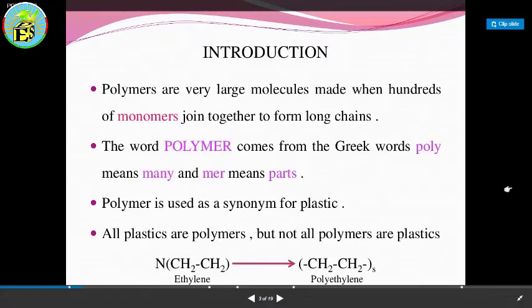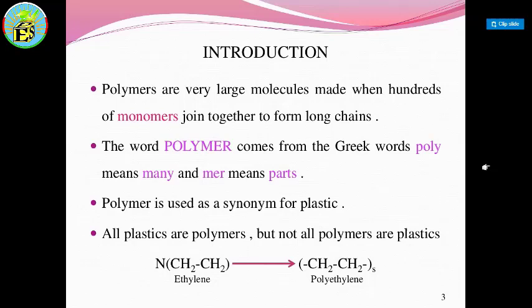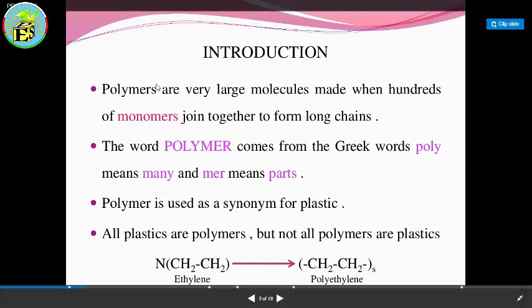First of all is the introduction of polymers. If you can see the definition, polymers are large molecules made when hundreds of monomers join together to form long chains. In simple words, when monomers join together to make a long chain, they make polymers.